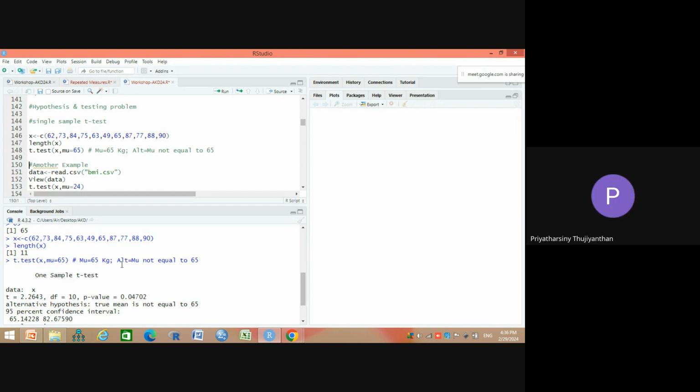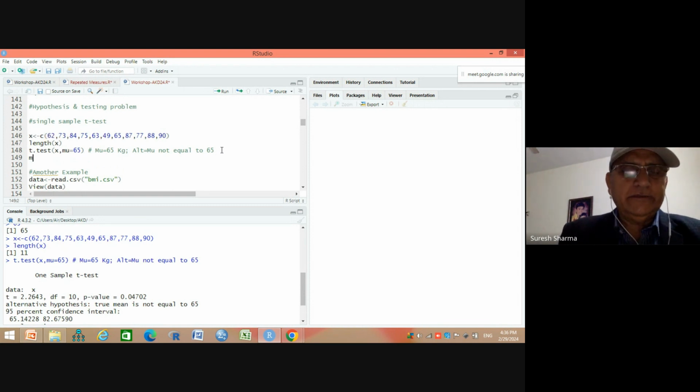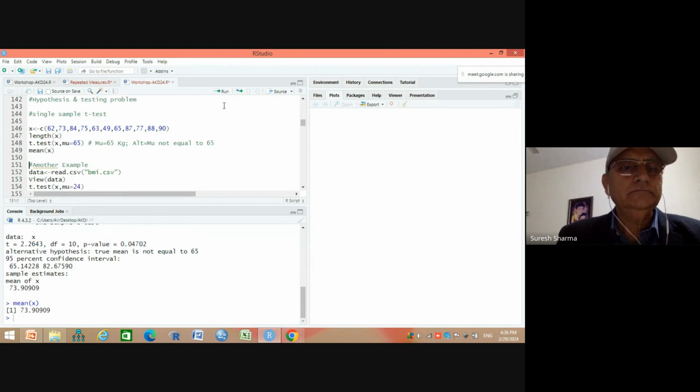Now, somebody can say, if it is not 65, then whether it is greater than 65, you can check the mean value. Let me compute the mean of X. So mean is coming out to be 73. So alternatively, you can say that whatever the claim is, that is not true.